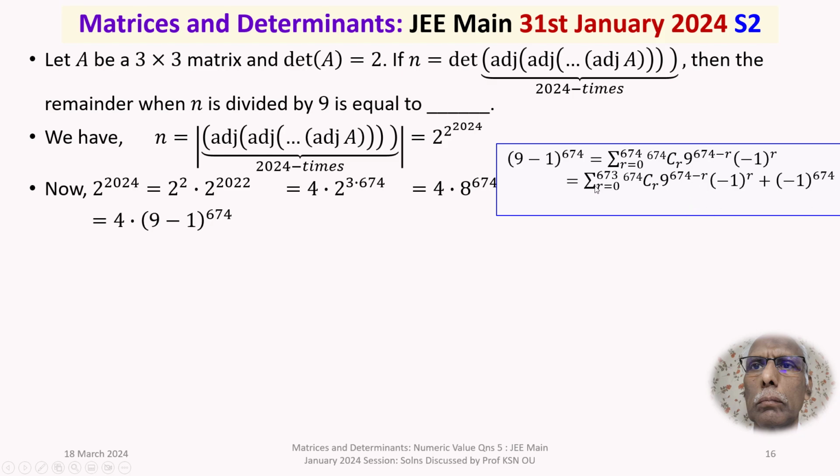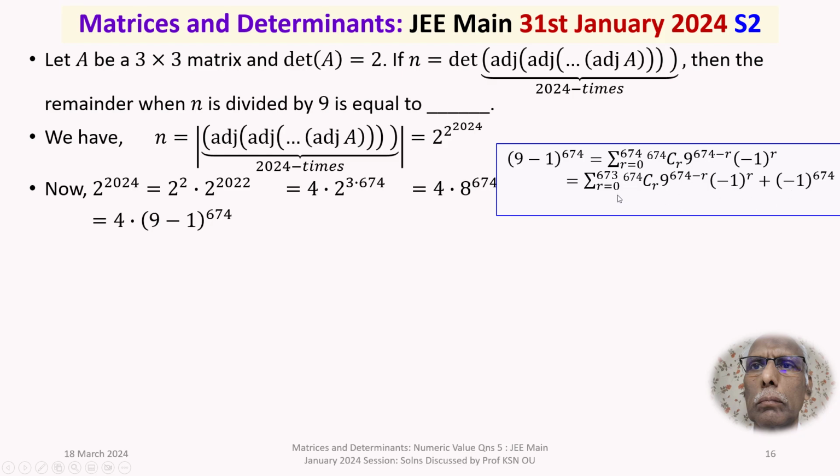That means the first one will be sum r is equal to 0 to 673 and the last term is minus 1 to the power of 674. It's not 673, it's 674. Here it is 674 and this is the last term and this is up to 673. So the last term we have written last and it is r is equal to 0 to 673.